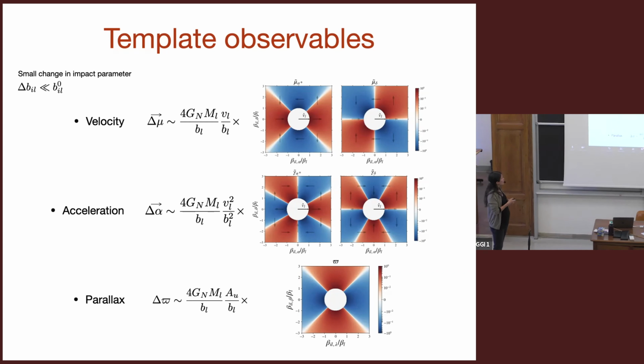And this depends on two properties of the lens. One is the characteristic angular size, which is the radius of this white blob here. And the other one is the direction of the velocity of the lens, that here I chose to be horizontal.